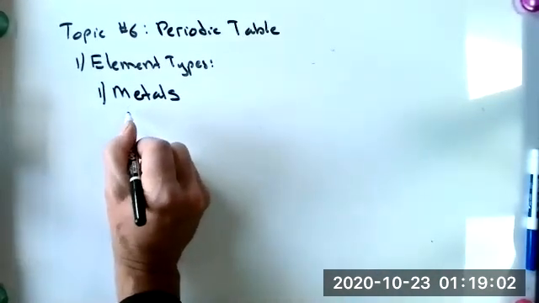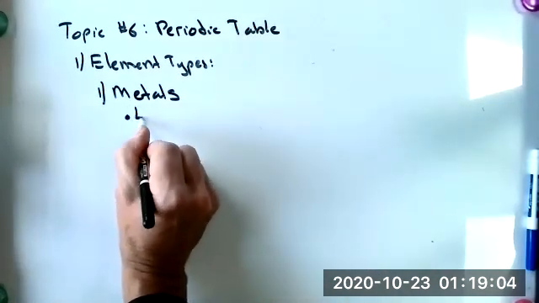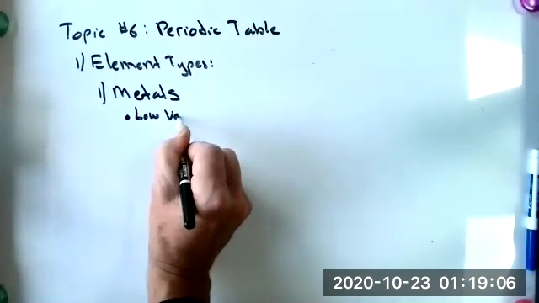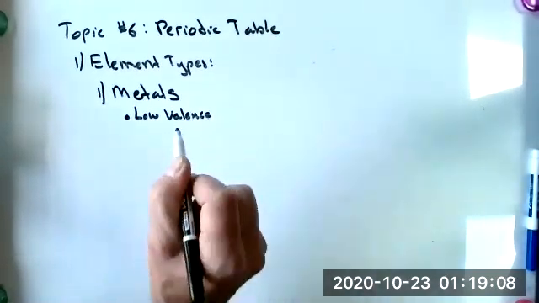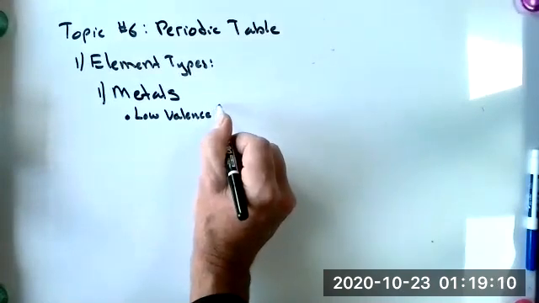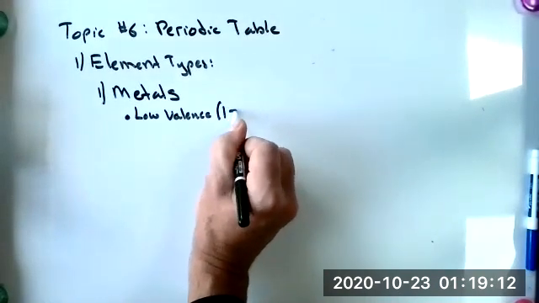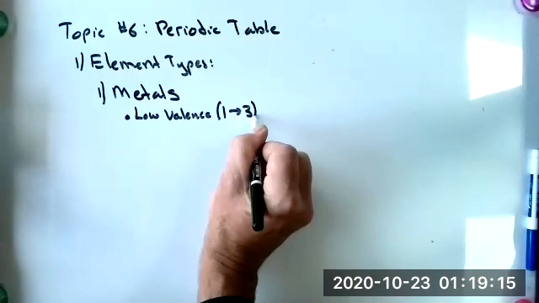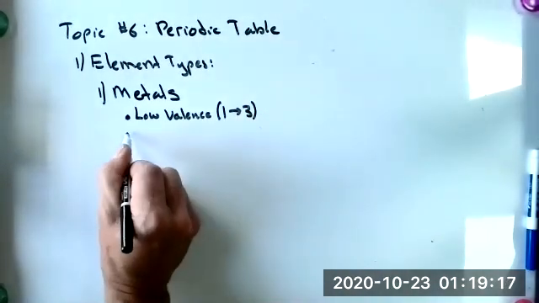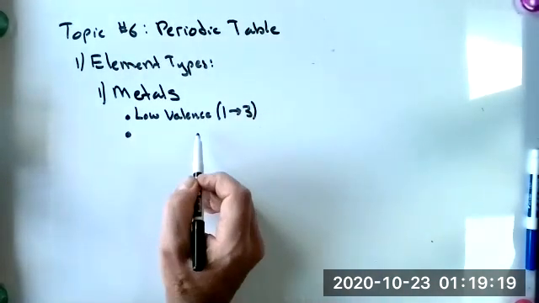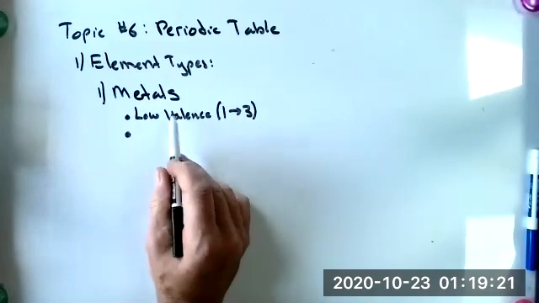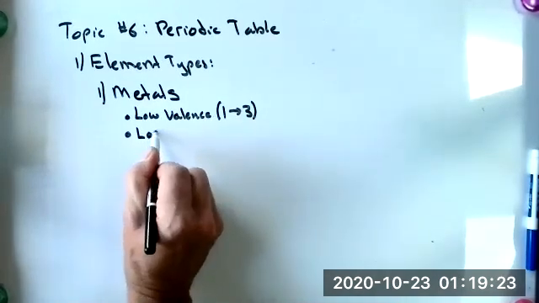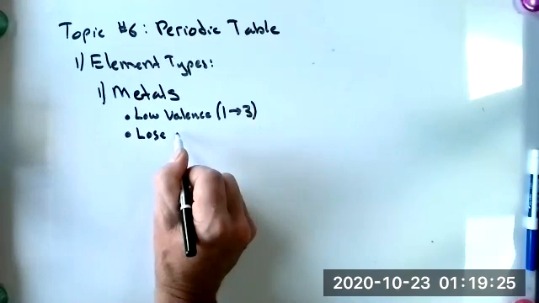Elements that are classified as metals have low valence, which comes from your topic 5. What do I mean by low? Probably a 1 to 3 range. You also know from topic 5 that with a low valence like that, you simply lose those electrons.